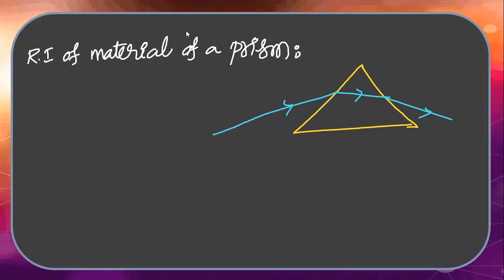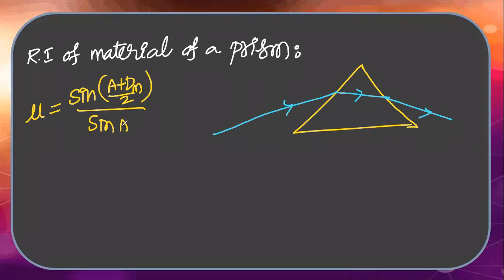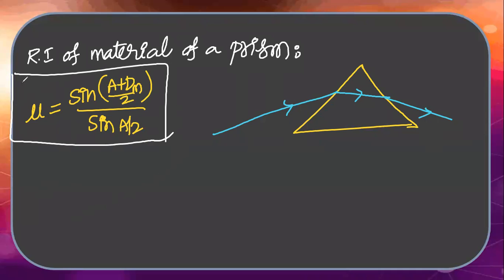The refractive index of the material of the prism, mu, is equal to sin of (A plus dm) by 2 divided by sin A by 2. This is the refractive index of the material of the prism.